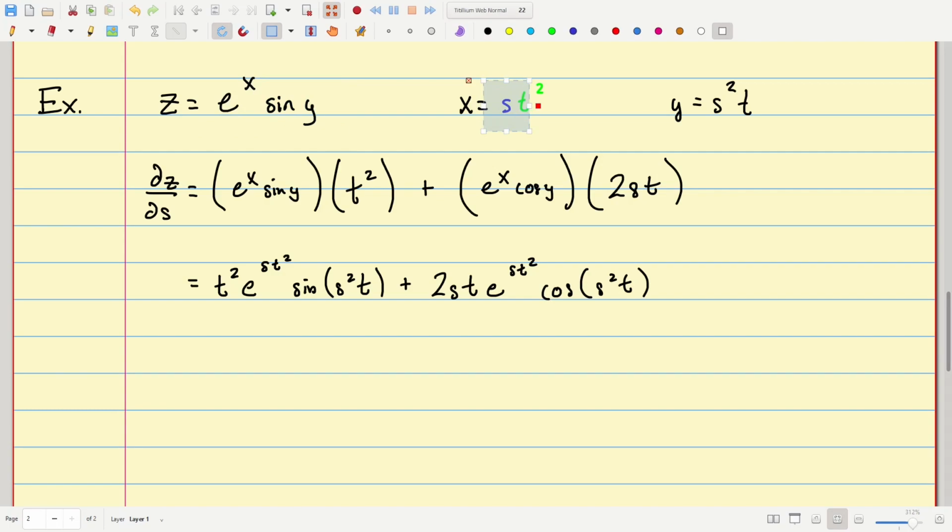And nobody was using colored chalk or computer stuff when I was learning how to do this. But it's important to be able to see these things all as separate pieces and organize them in a way that's helpful. Okay. The other thing is knowing when it's appropriate to do the product rule or not do the product rule or whatever. All right.